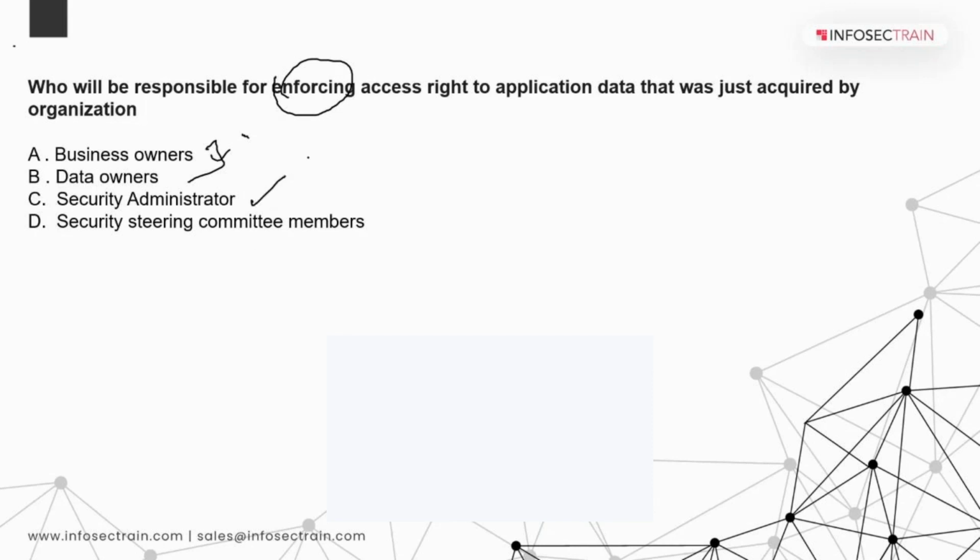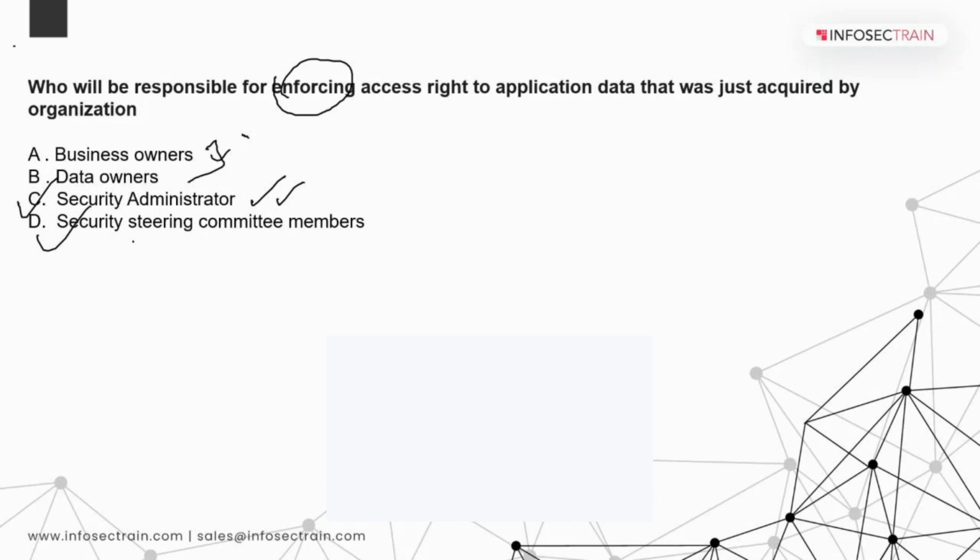Security administrator? Yes, security administrator is what? It's the data custodian, or you can say data processor. So enforcement task is data custodian or data processor. Security administrator is data processor, data custodian. So answer is C.